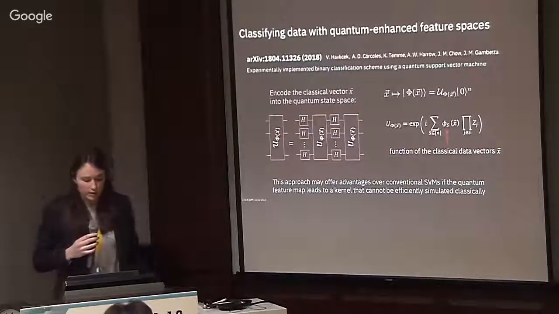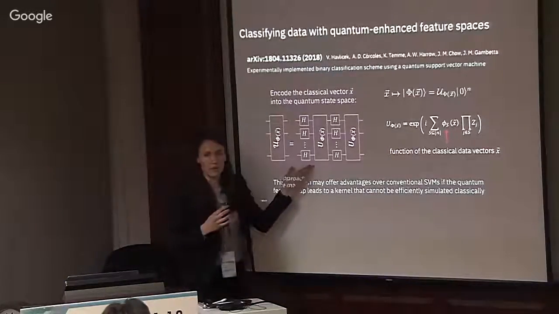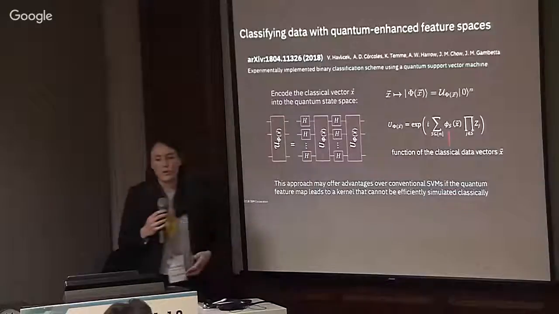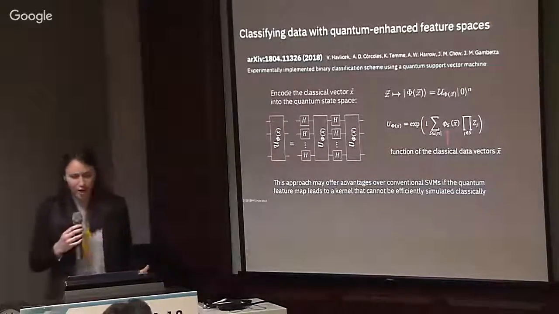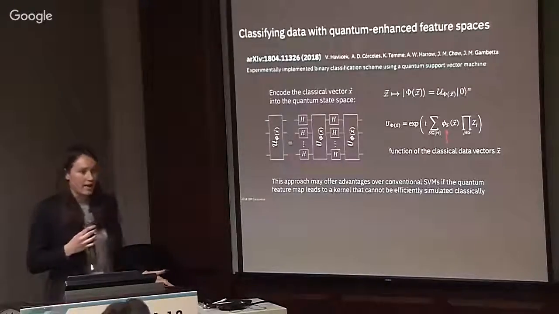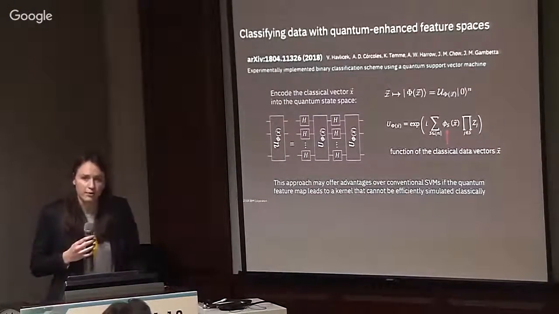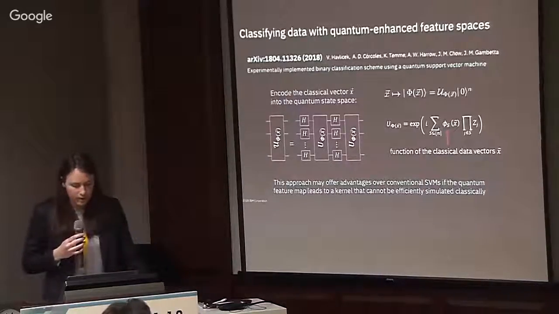So what you want to do instead is try to find a circuit such as this one that you have confidence is hard to simulate classically, so that you may be able to get an advantage over a conventional technique for solving this problem.